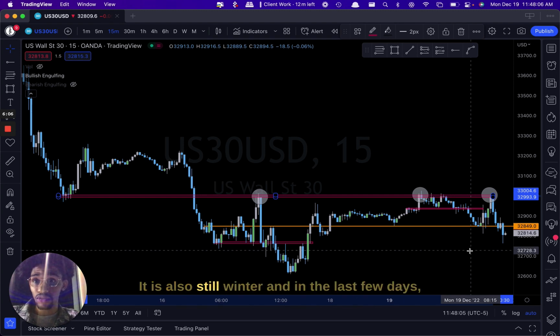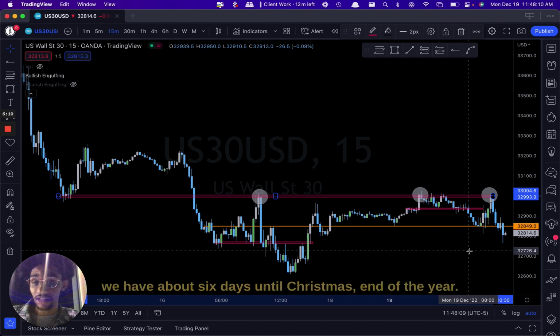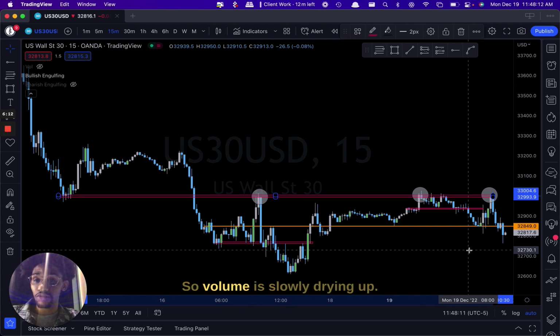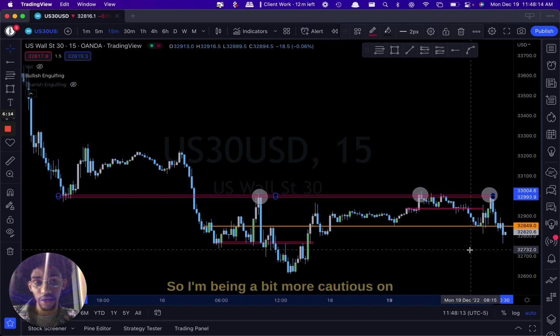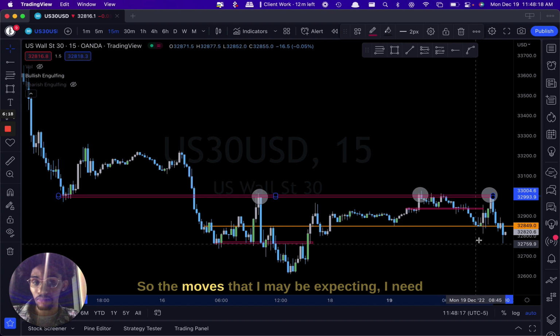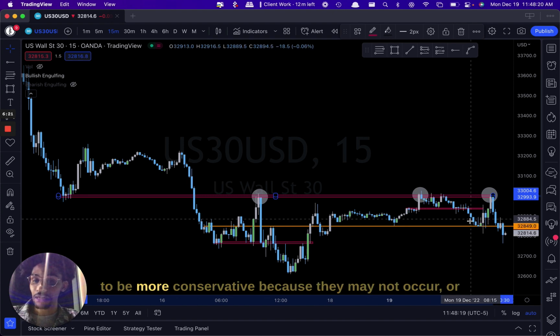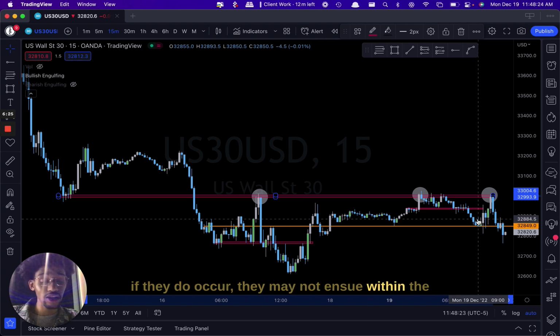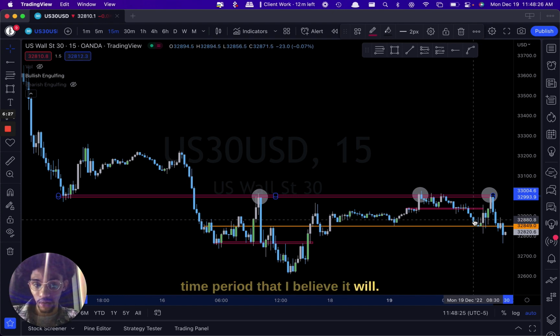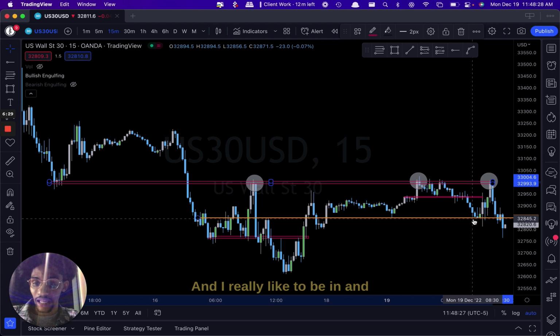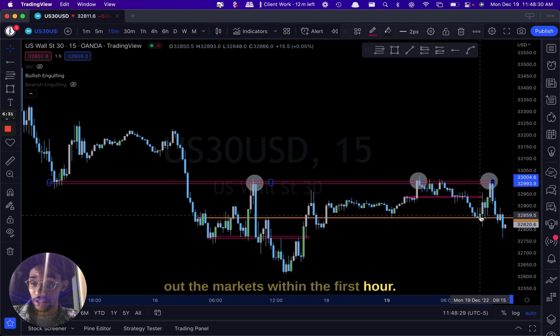It is also still winter, and we have about 6 days till Christmas, the end of the year, so volume is slowly drying up. I'm being a bit more cautious on that side. The moves that I may be expecting, I need to be more conservative on, because they may not occur, or if they do occur, they may not ensue within the time period that I believe they will. I really like to be in and out of the markets within the first hour.